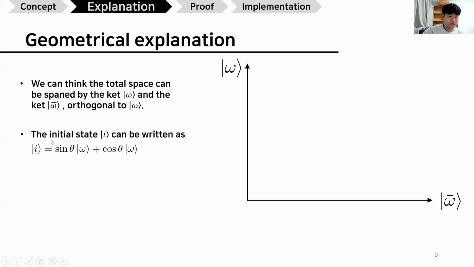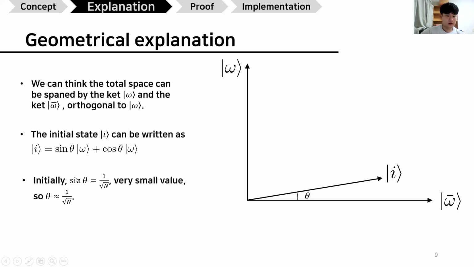And we know that the initial state I can be written like this, because in the initial state the probability of finding omega is some value, and the probability of not finding it is another value. And because of the normalization, we can write sine theta and cosine theta.